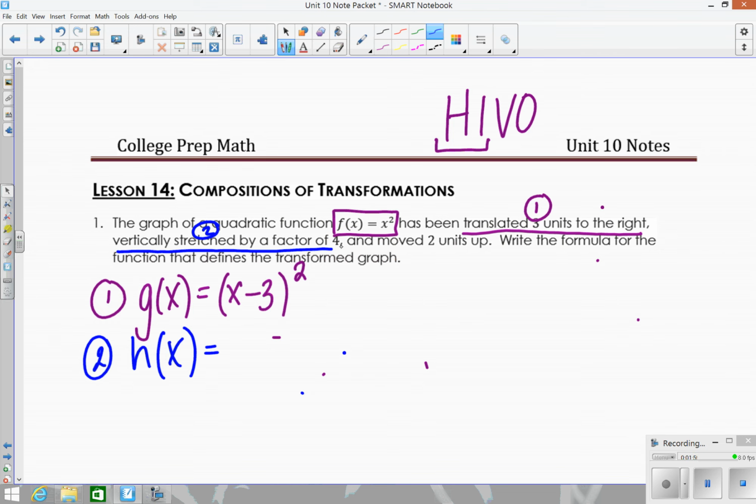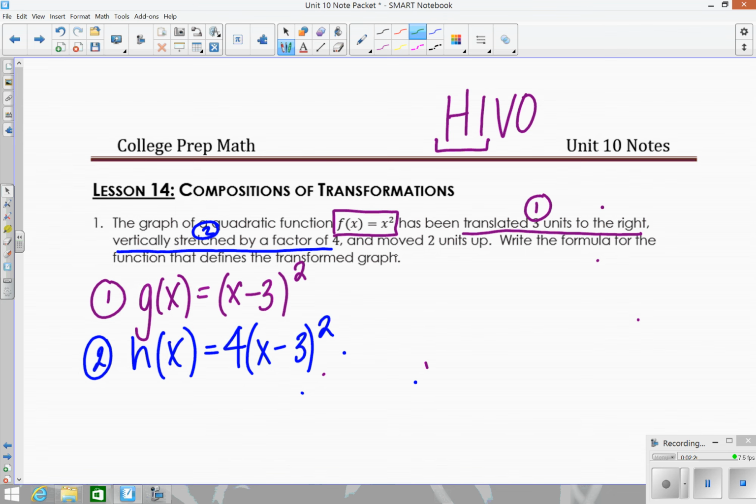And it just goes on the outside, and we keep the other function just how we had it. So h of x represents the composition from taking x squared and translating it 3 units to the right, and then a vertical stretch by a scale factor of 4.